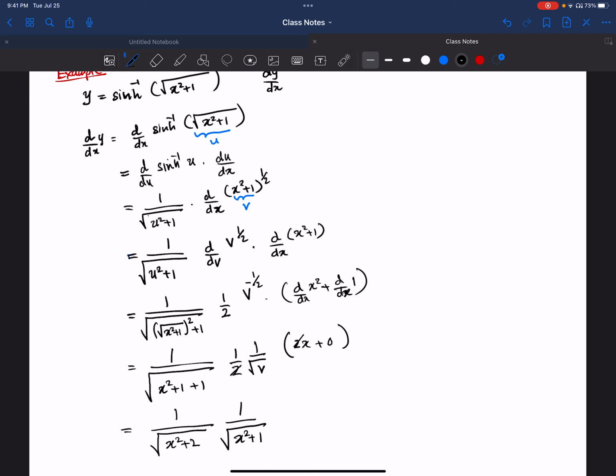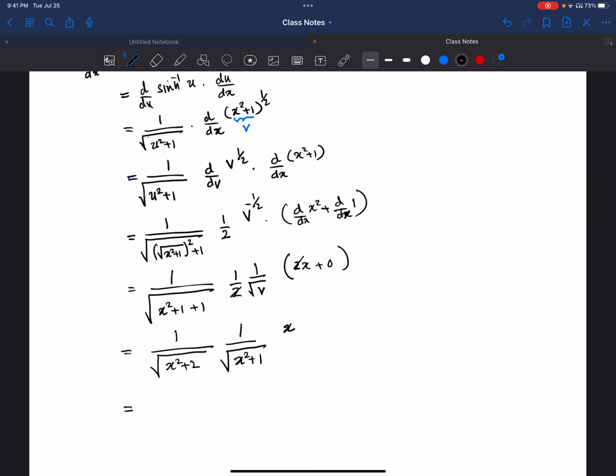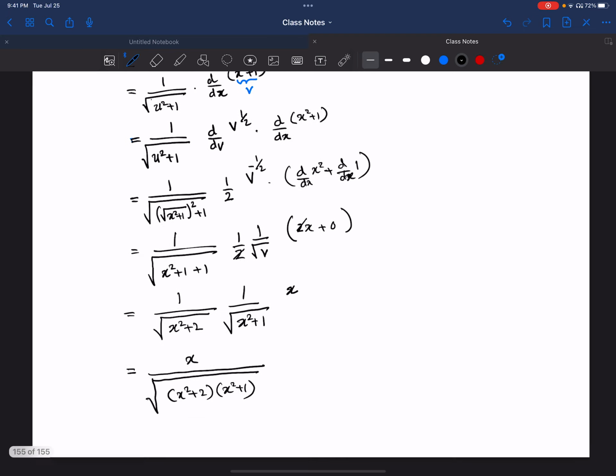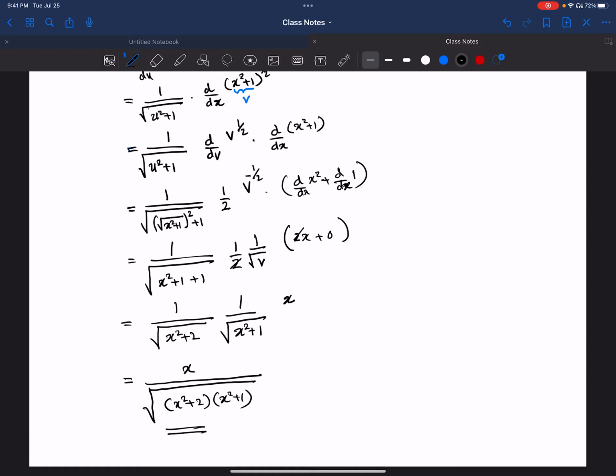So the final answer is x over the square root of x squared plus 2 times x squared plus 1, right? So that's our final answer.